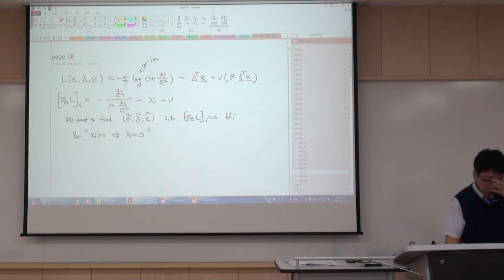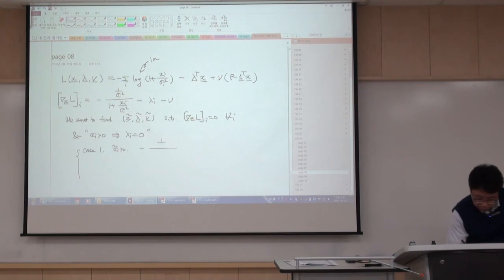So, there are two cases. Case 1, xi tilde is positive. So we have, now let's multiply sigma i squared, so we have the same thing: sigma i squared plus xi minus nu tilde equals 0.